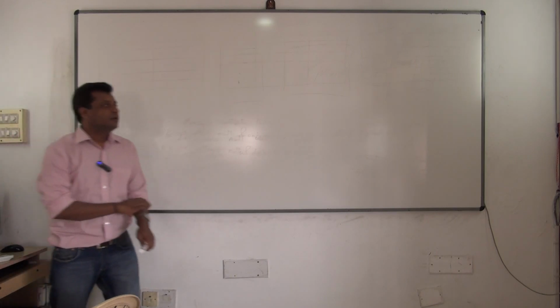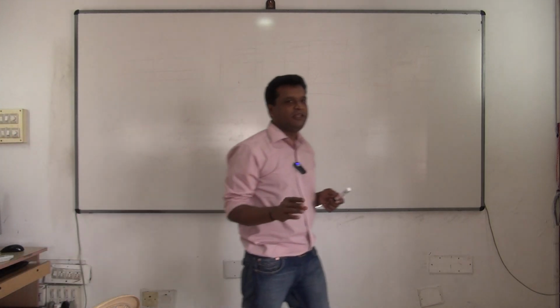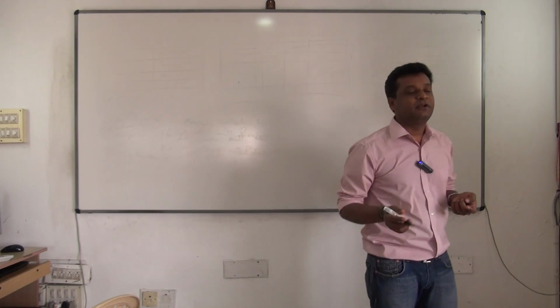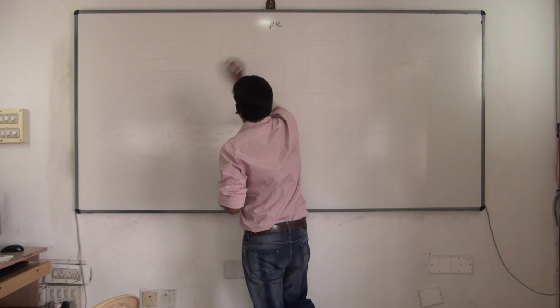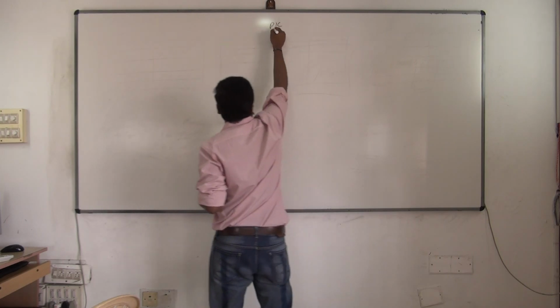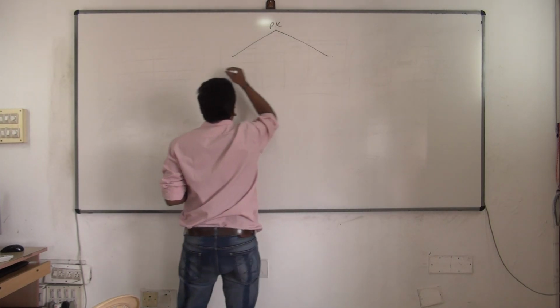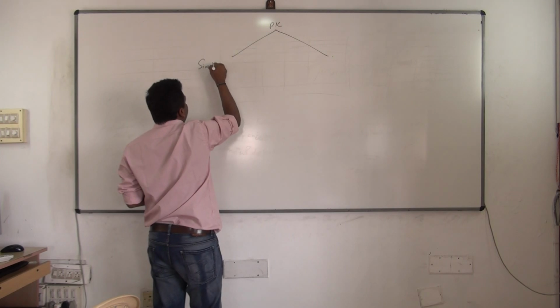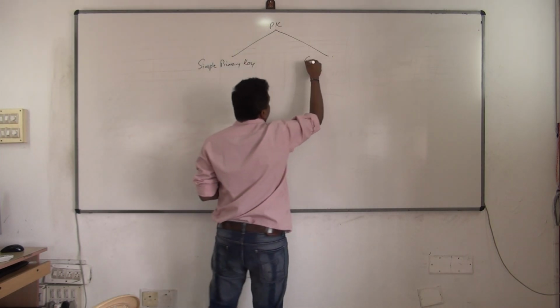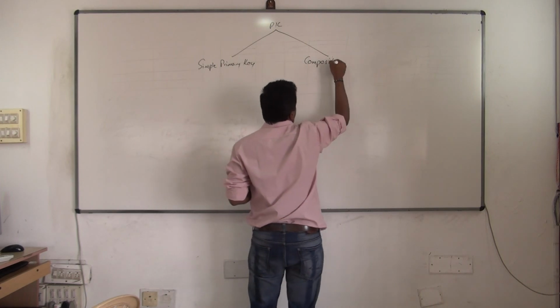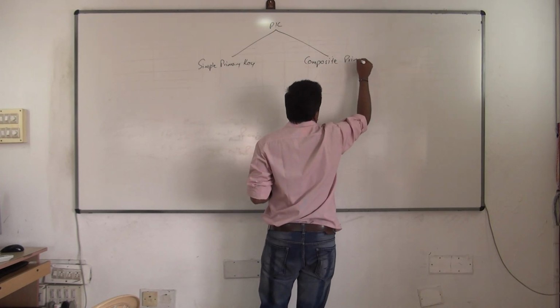Fine. So now we'll complete primary key and foreign key. There's one last topic which I have to explain in primary key and foreign key. Primary key actually is of two types: simple primary key and composite primary key.